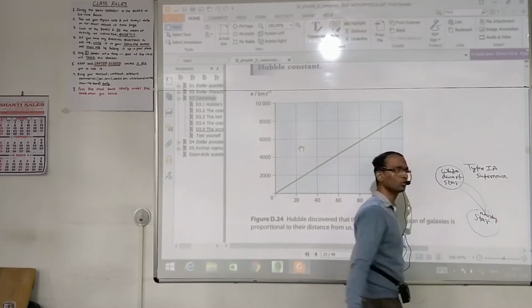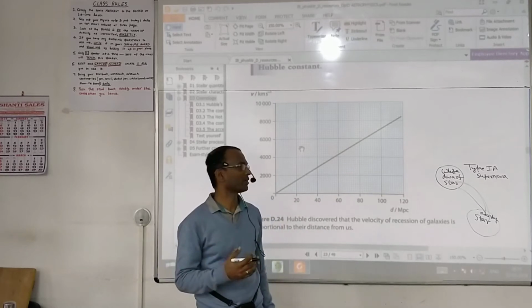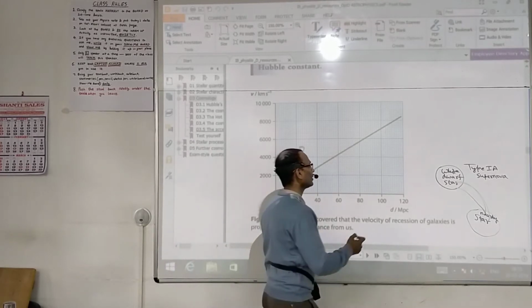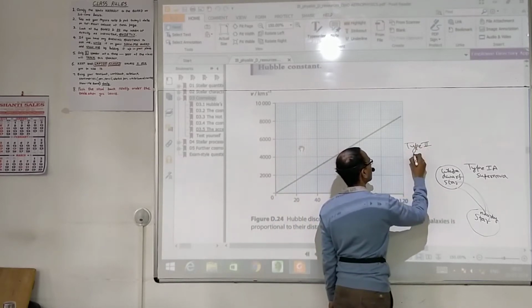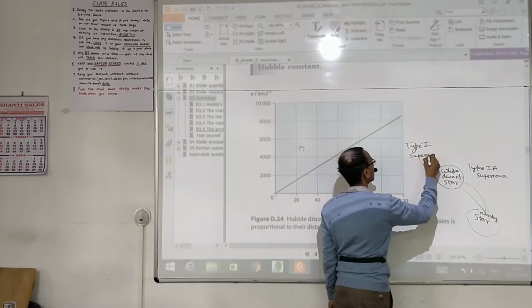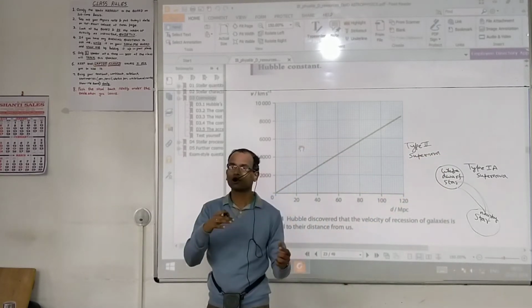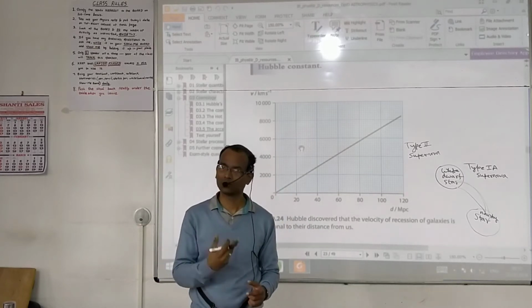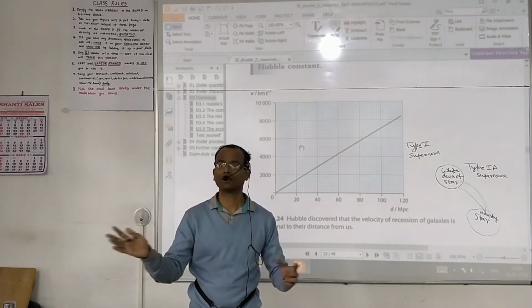You also have a type 2 supernova, which is not of much use to us because its brightness will keep varying from star to star. Type 2 supernova is the red giant supernova. So you know, right, once the nuclear fusion is over, when the helium is also fused up fully, then the outer shell will expand too much and then it will blast.